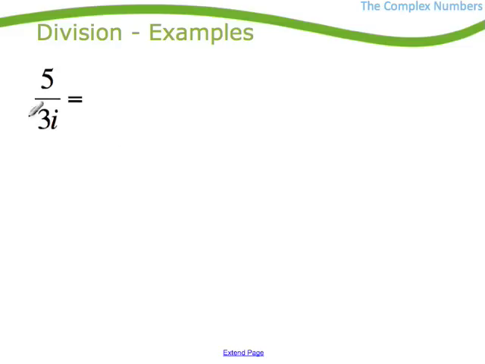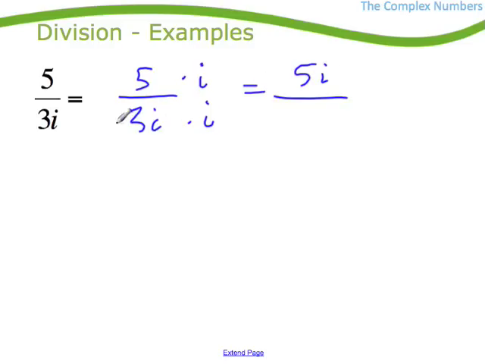If I have one term on the bottom, I'm going to say I need to get rid of this I, so I'm going to multiply the bottom by I, and I'll multiply the top by I. Multiplying and doing this, 5 times I would just be 5I. On the bottom, 3I times I would be 3I squared.